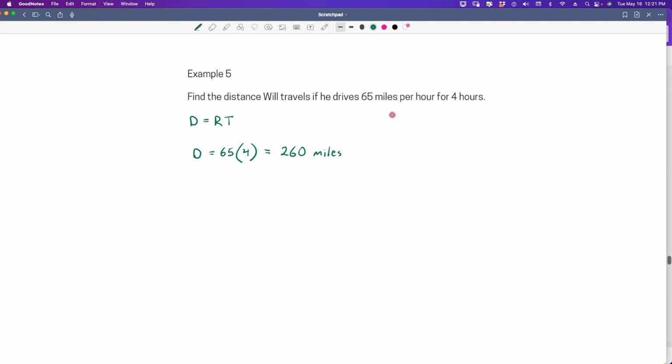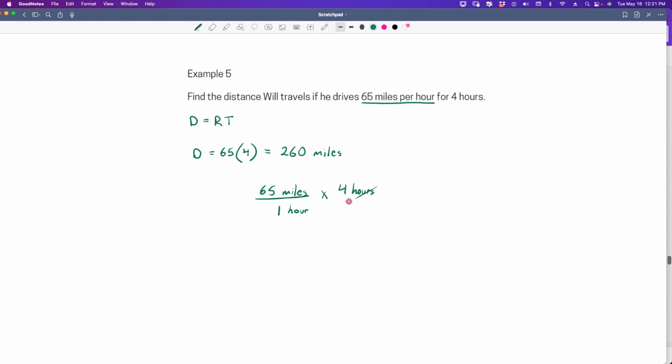And that is to use this just like a ratio. 65 miles per 1 hour. If I could spell hour, it looks like an R. Let's do hour. Times 4 hours.